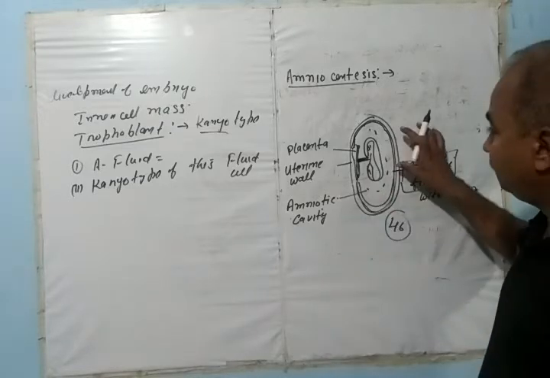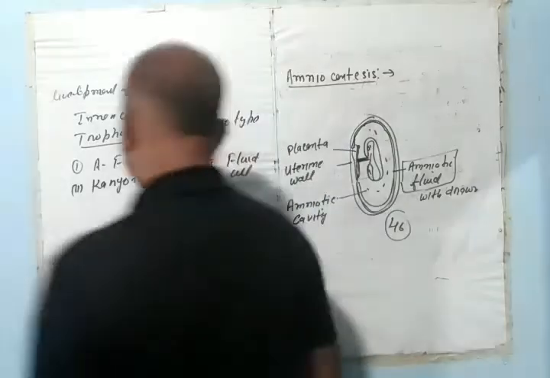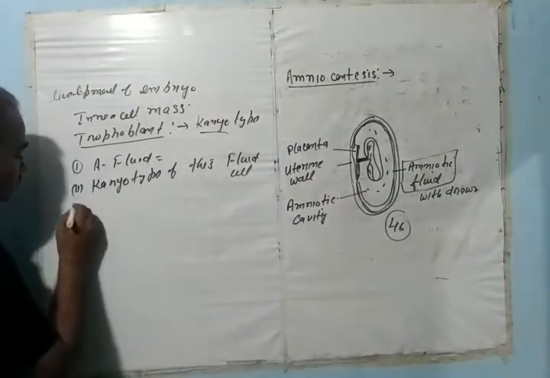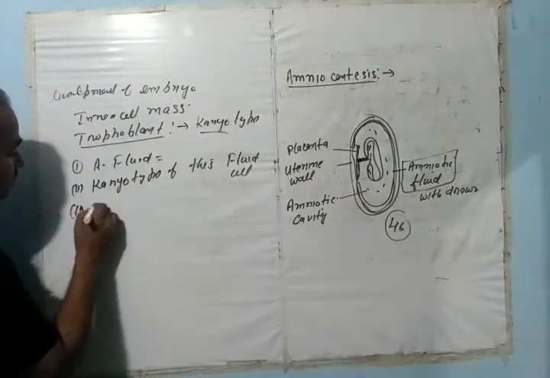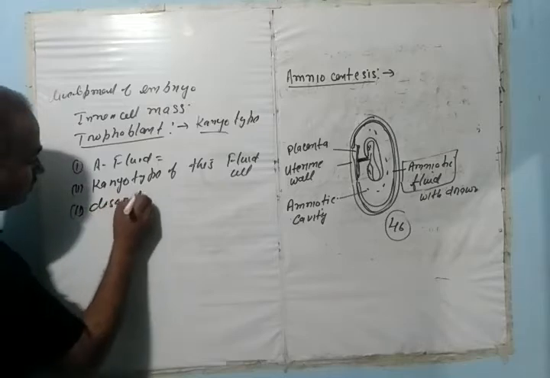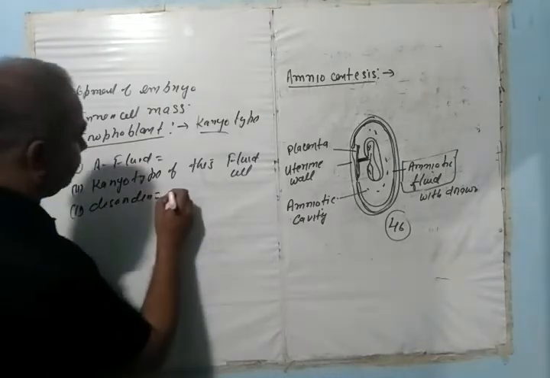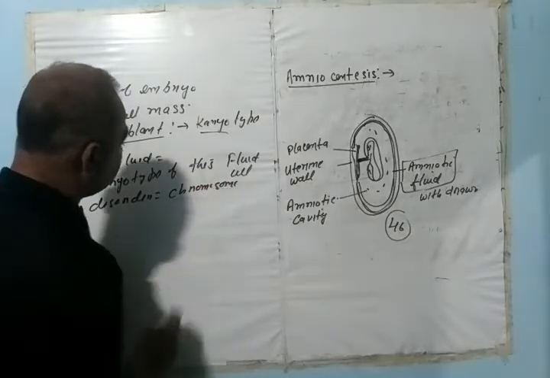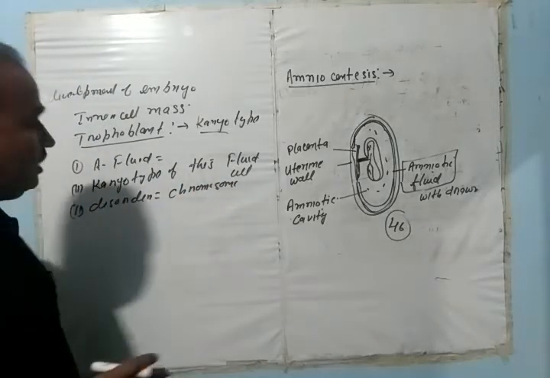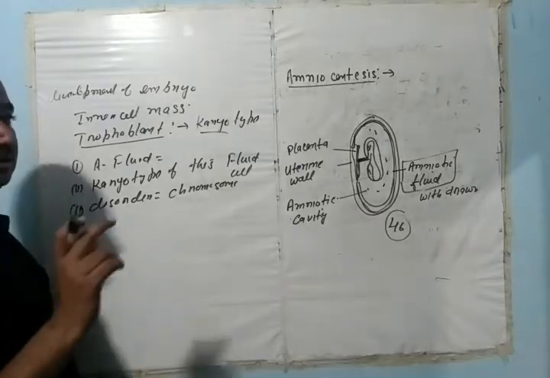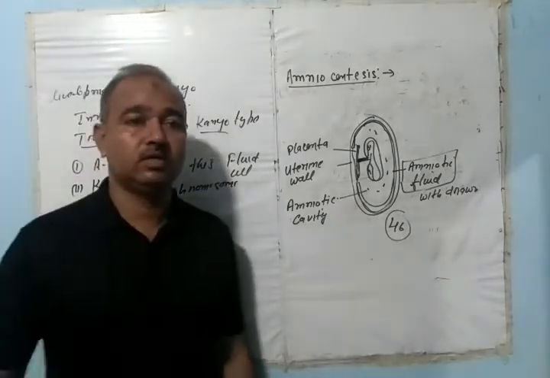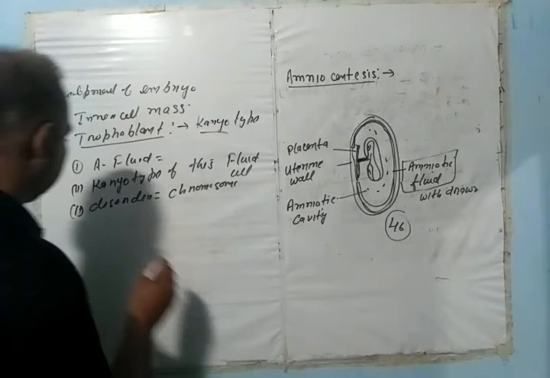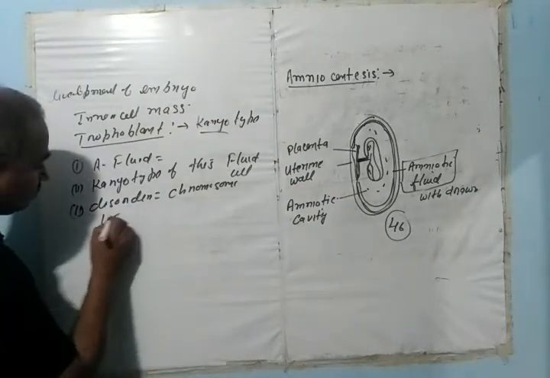With the help of this technique, we can diagnose early, first, disorders in reference to the number of chromosomes, or chromosomal disorders, like Down syndrome, Turner syndrome, Klinefelter syndrome. Turner means 45.